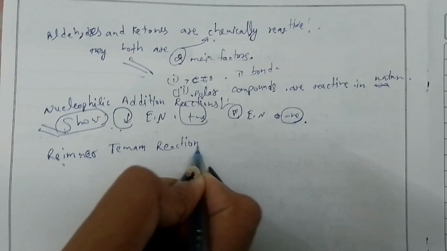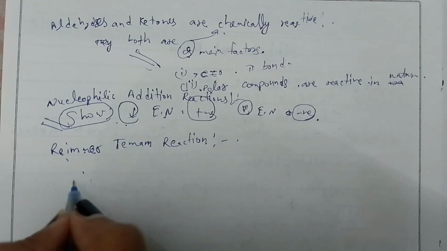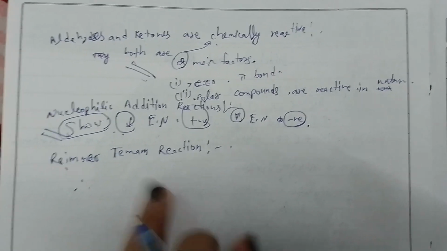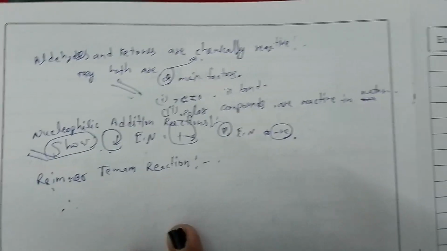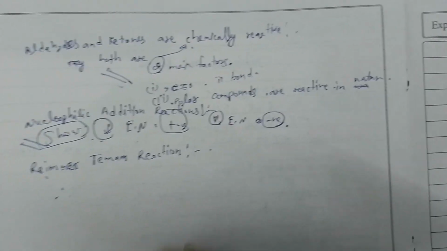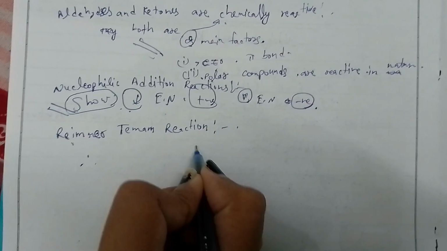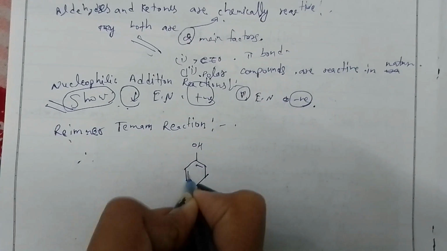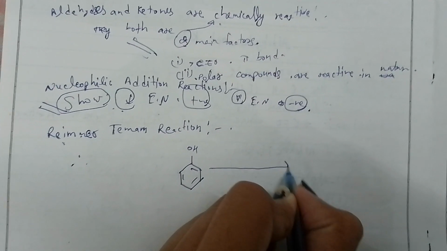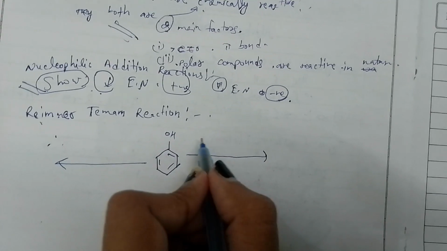In this reaction we will see the phenol changing to salicylaldehyde and salicylic acid. So we will write here phenol. Now it has two reactions and we will see both.